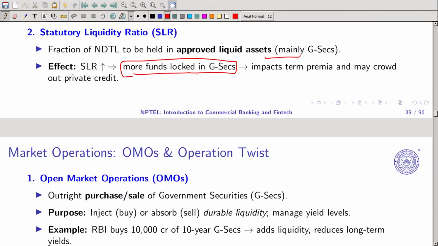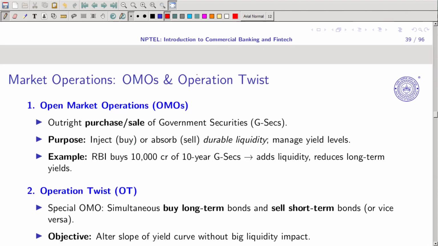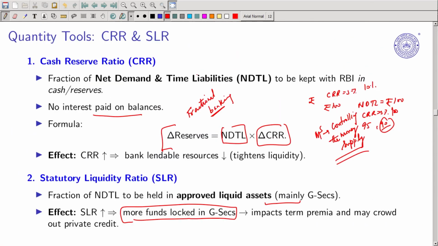Maybe in the next session we will talk about the open market operation and operation twist. But till here I hope you have understood the quantity tool we mentioned, and it is directly linked with what we have been discussing about MV equals PT, where T is nothing but the value of transactions.